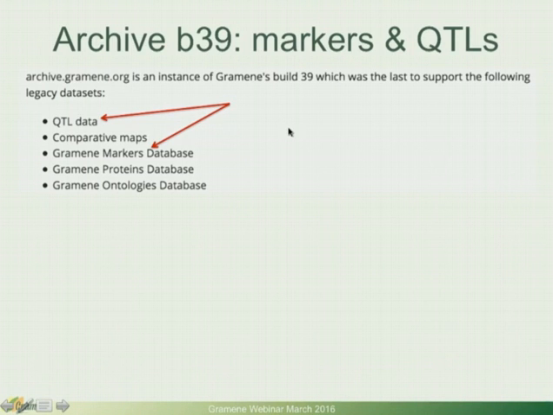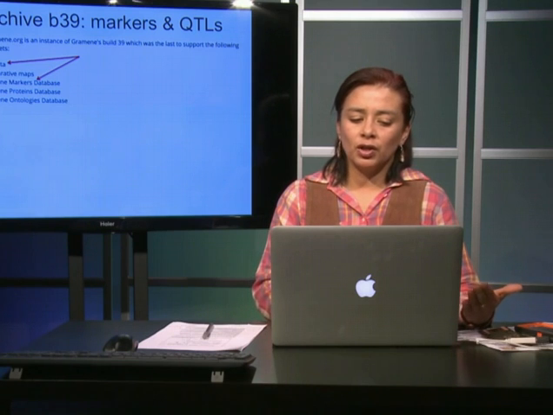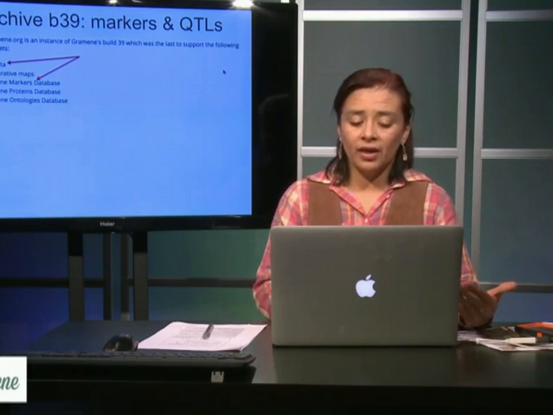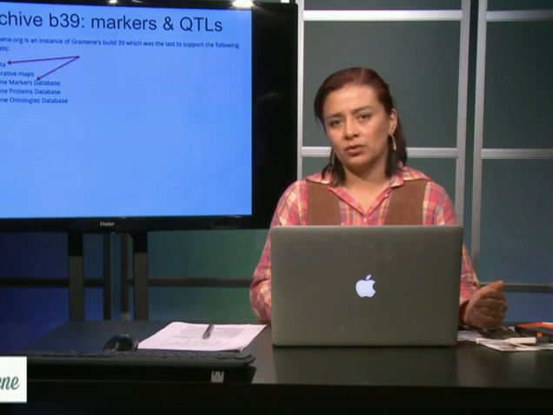And just as a legacy, I just want to mention that Gramene was known for the existence of QTL data as well as markers, and we are working very hard to bring those back in.